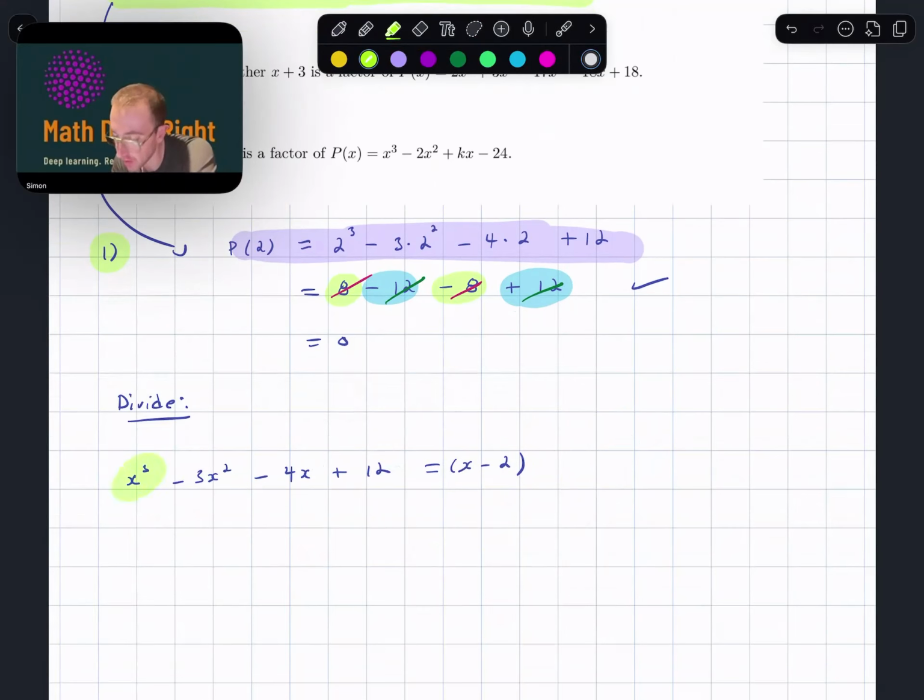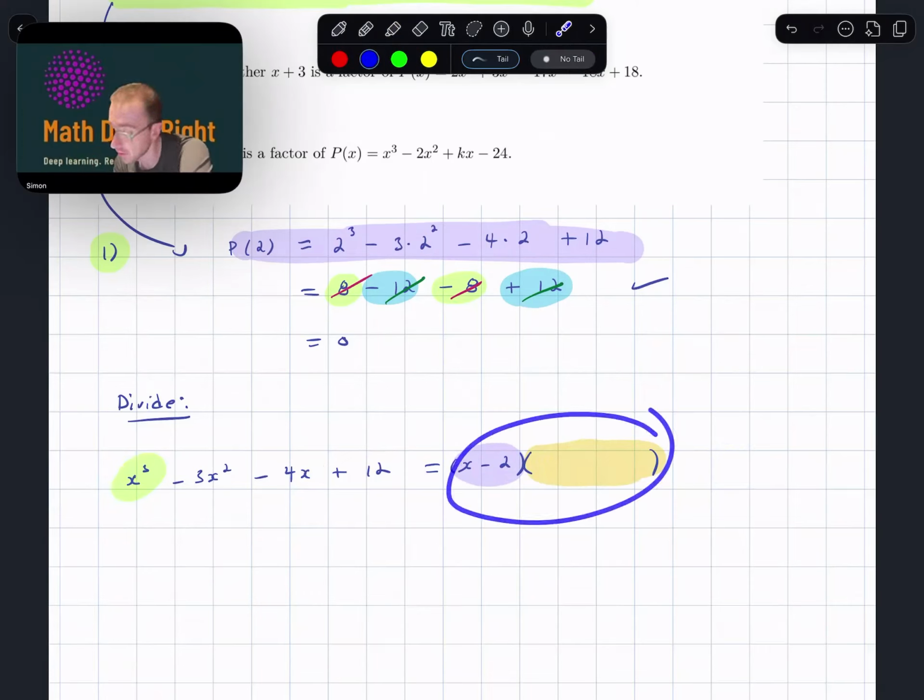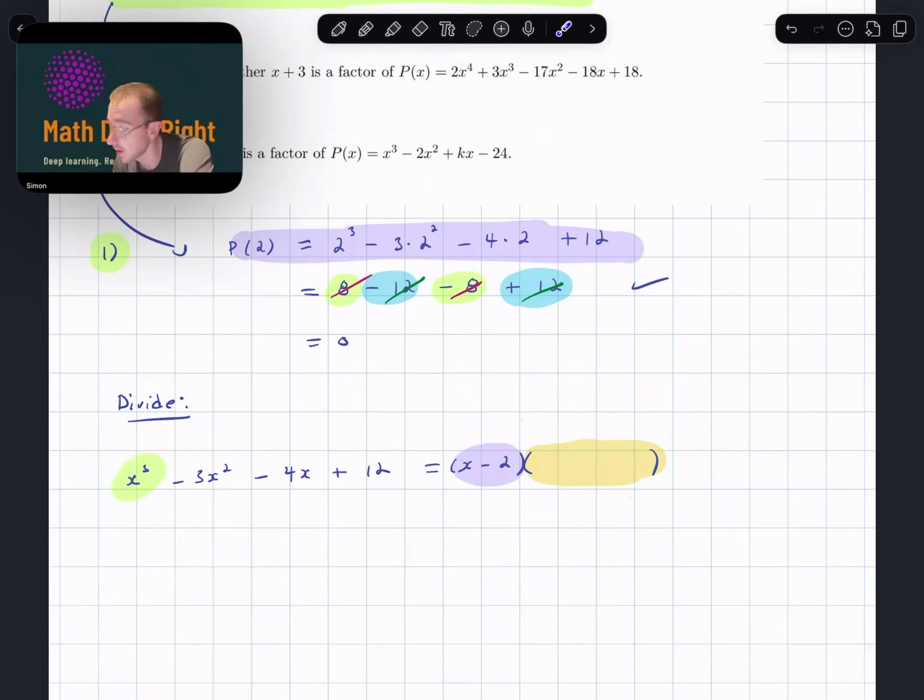So same process we've always done. We set up the division statement. This is the divisor, x minus 2. This is the quotient, and here would be the remainder, but we know the remainder is going to be 0. We are guaranteed that if we don't make a mistake here, the remainder will be 0. So I'm not going to put the r in here. We're just going to be figuring out what the quotient is.